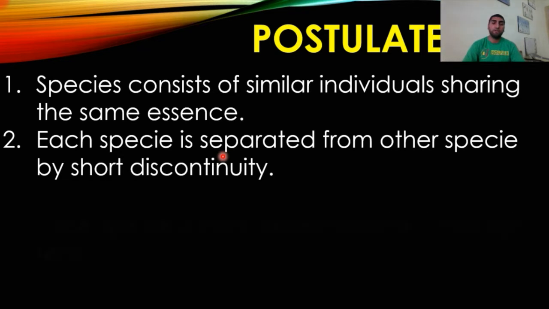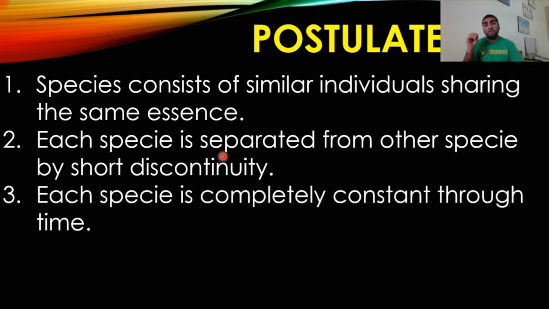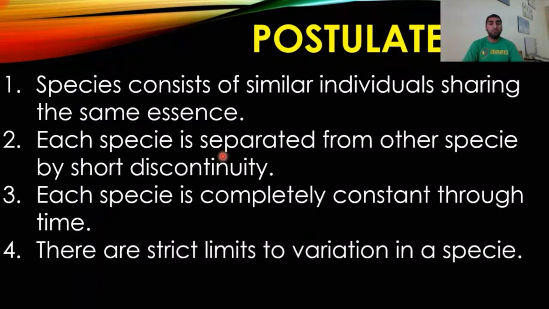And number three, each species is completely constant through time. This was the basic statement of this concept, that species remain constant through time and space and cannot change. There are strict limits to variation in a species.